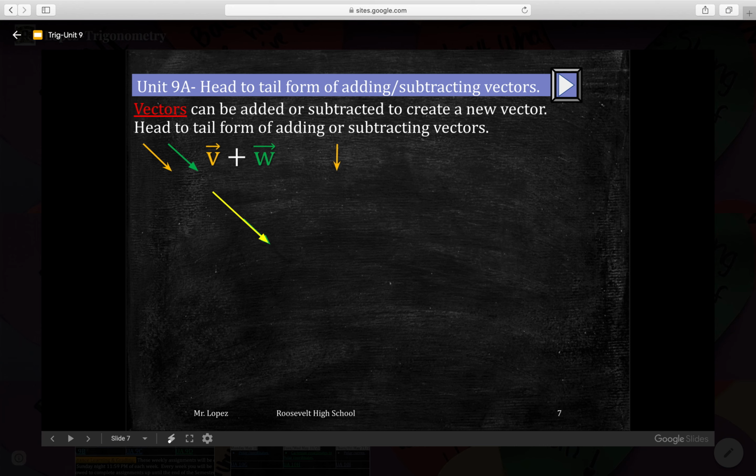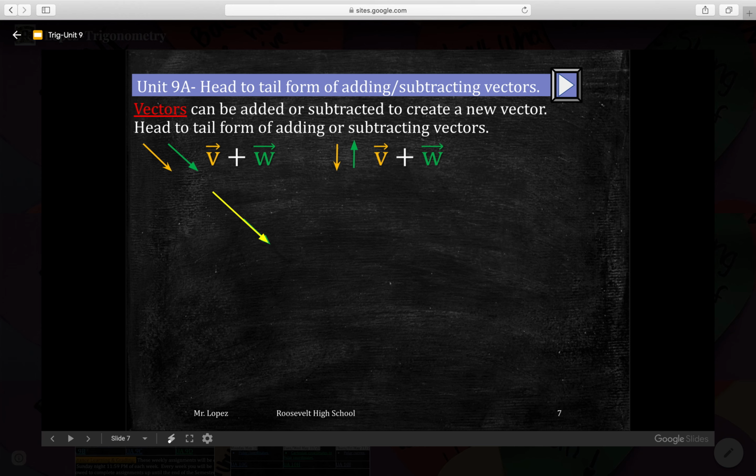Let's do another one. You've got a vector going down and a vector going up. They seem to have the same size. If you add these two vectors, you put the tail of the green vector at the head of the yellow vector, and they undo each other, so there's no vector anymore.